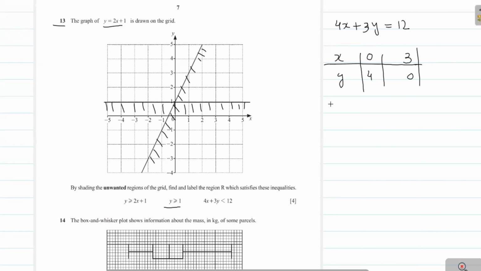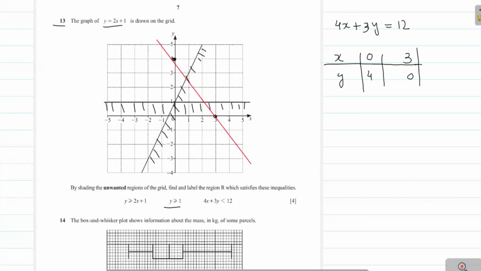You see here, this point is (0, 4), and next is (3, 0). Now we will draw the line. Now you see here, this is the line passing through (0, 4) and (3, 0). This is the line.